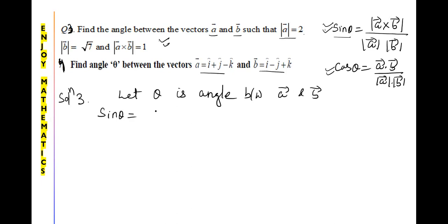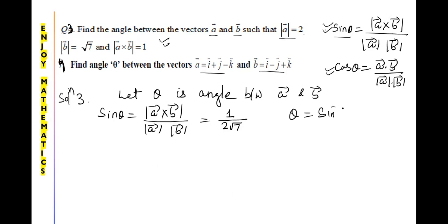Sin theta is magnitude of A cross B divided by magnitude of A into magnitude of B. The magnitude of A cross B is 1, and here we are given 2 into root 7. So theta equal to sine inverse 1 by 2 root 7. Okay, that's it. So angle between two vectors will be like this.